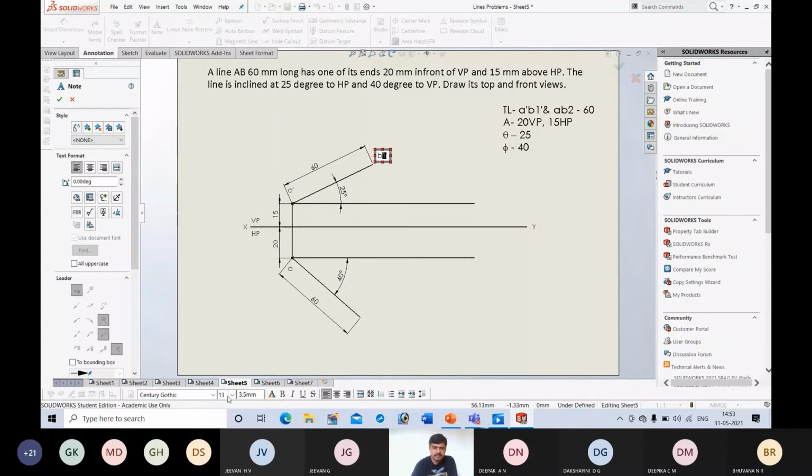One should be a subscript. And this is B2.